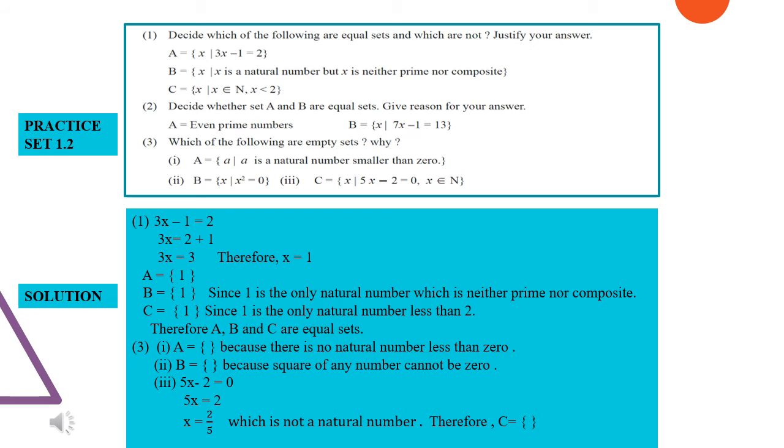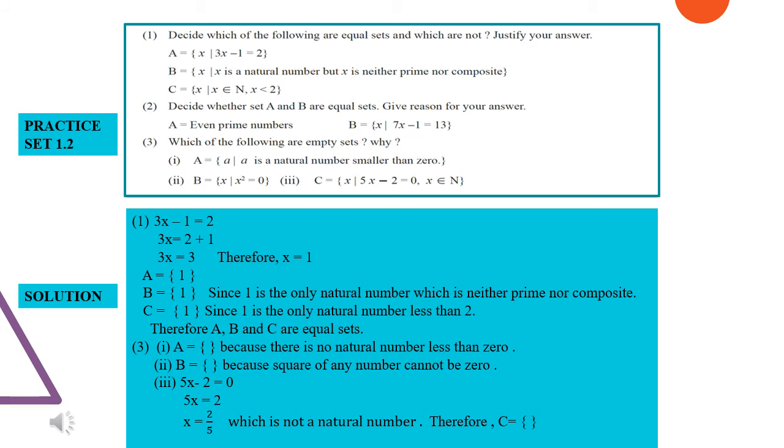So which are the natural numbers less than 2? Only 1. Therefore, again the answer is C is equal to 1. So you can see in all the three sets, the answer is 1. My element is only 1. Therefore, these three are equal sets.